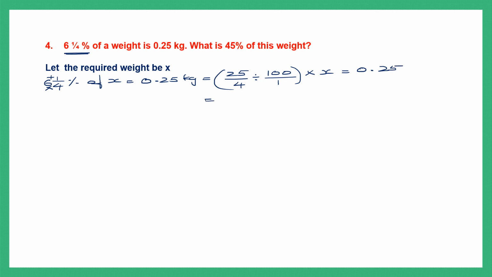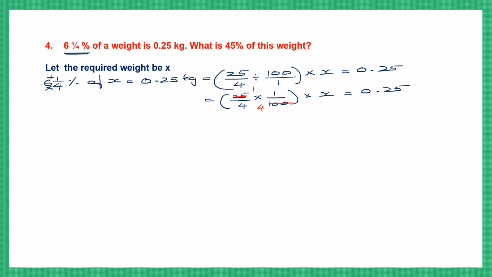So here let's work this out. 25 by 4. Division changes to multiplication. 100 by 1 becomes 1 by 100 into x is equal to 0.25. Now let's cancel 25 and 100. 25 ones are 25. 25 fours are 100.